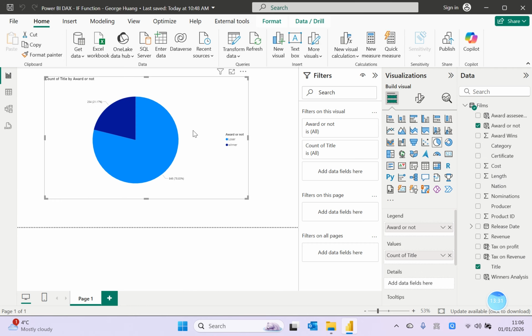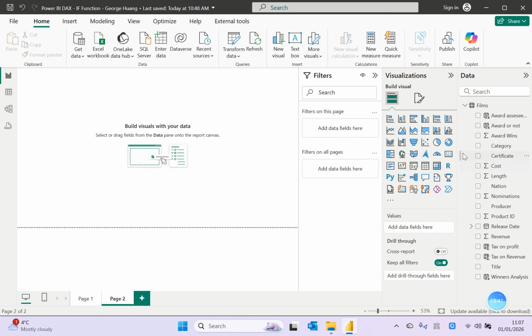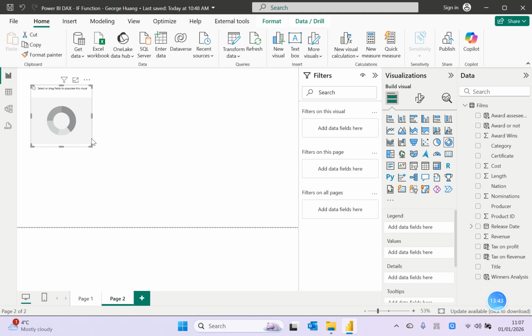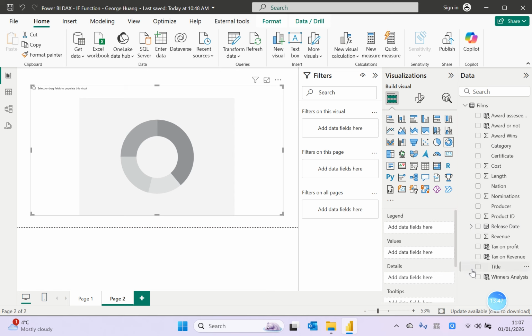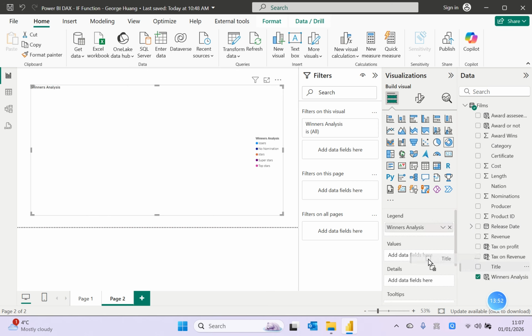Let's do the visualization to show that result. Let's use the donut chart to show the winners analysis, with legend and title.